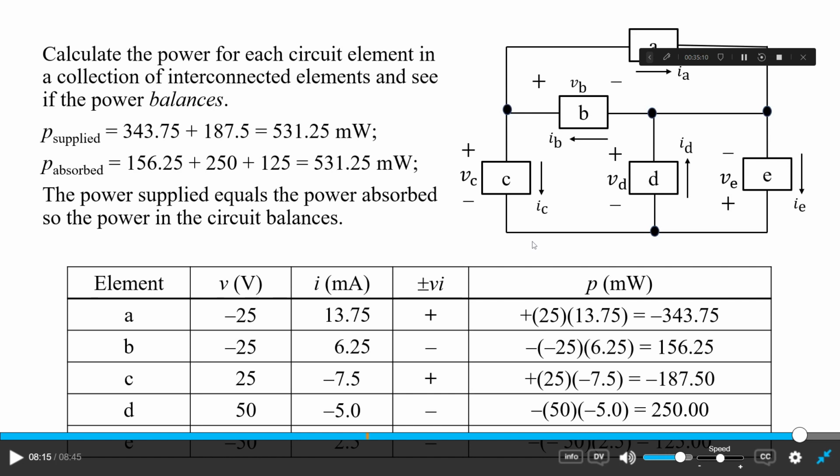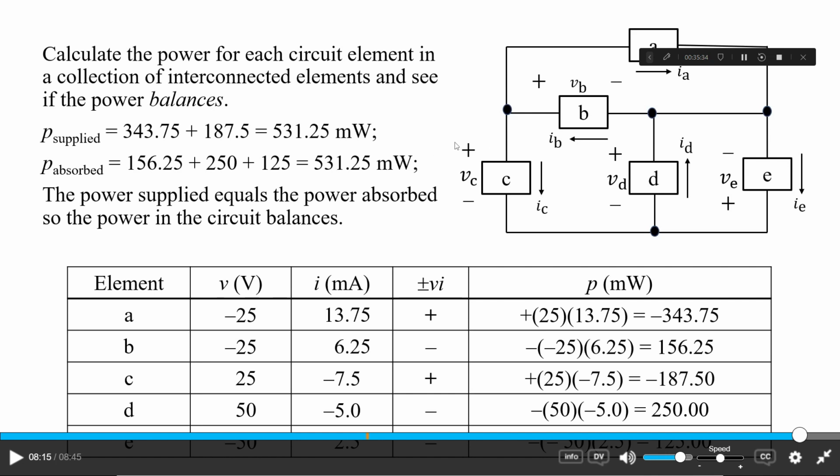If the current is going from positive to negative, you get a positive sign on the V and the I. And if it goes against, it's negative. So for A, you can't see it up here. Let's go to C. You get a positive sign convention.